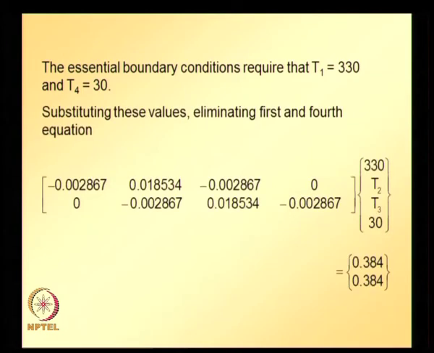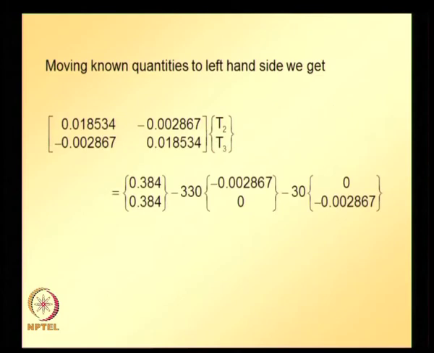Substituting these values, since the temperature is specified at node 1 and node 4, that is T1 and T4 are known, we can eliminate the first and fourth equations and get this reduced equation system, which we can manipulate by moving the known quantities to the left hand side, and we obtain this equation. Solving this equation we can obtain T2 and T3.